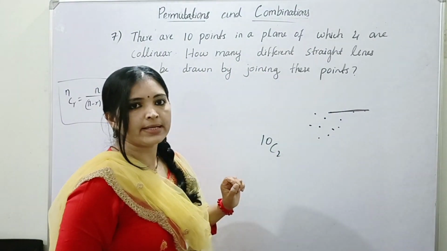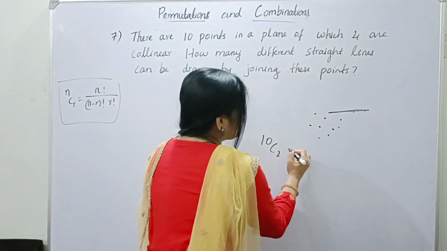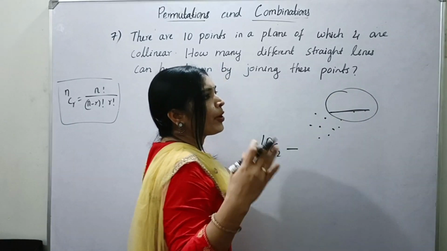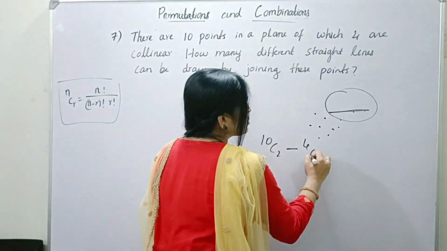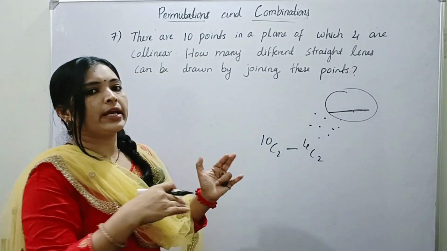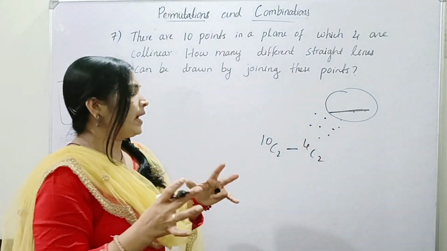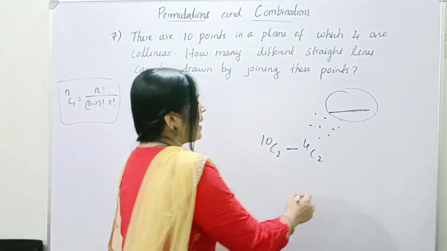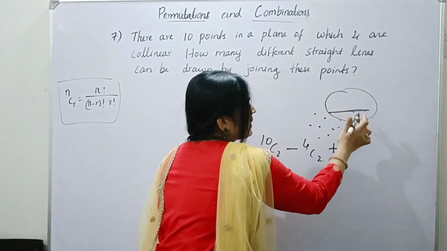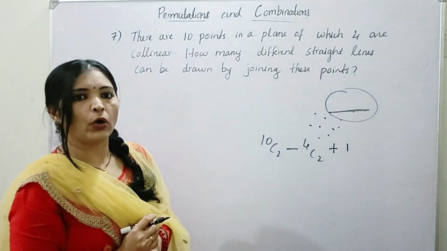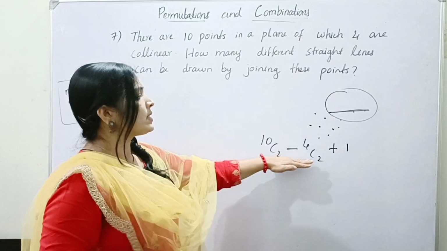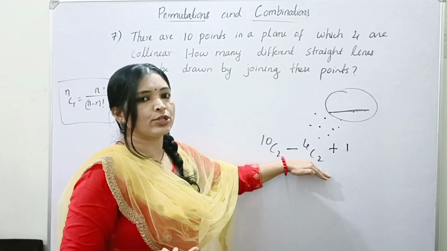So what to do? We will subtract. See how many ways we can select from 4 points. That is 4C2, out of 4 points taking 2 at a time. That we will subtract from the total lines, and plus this straight line, 1. Total 10C2 minus 4C2. Why subtract 4C2?